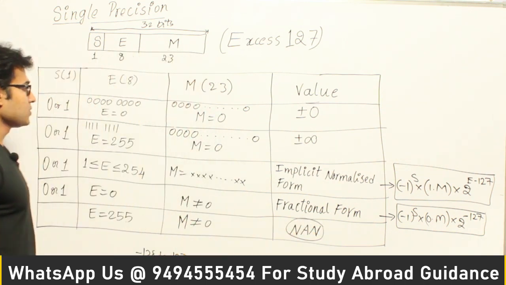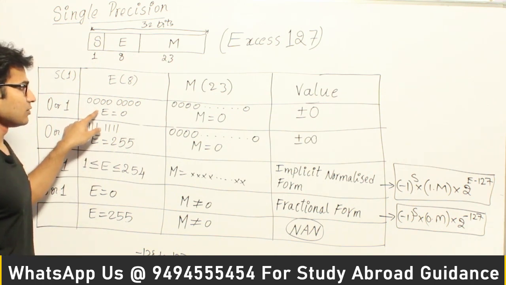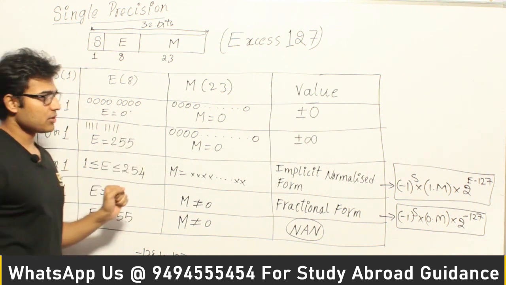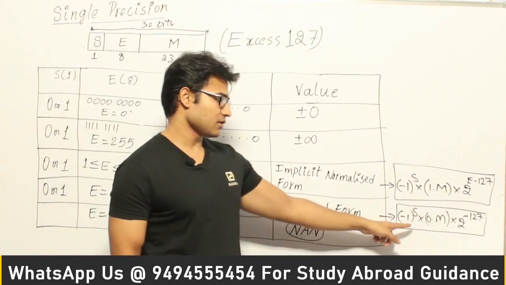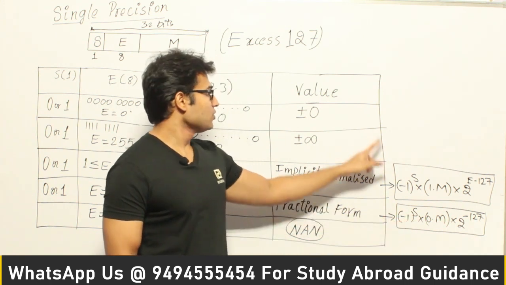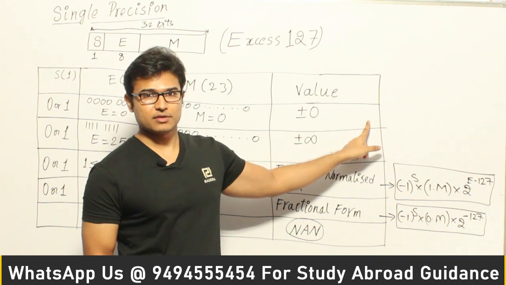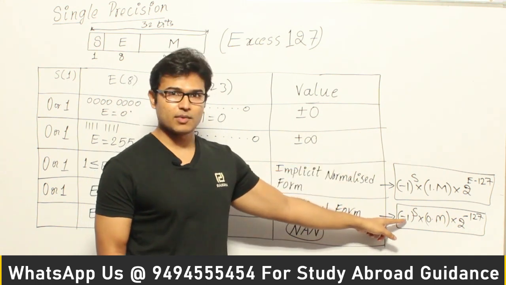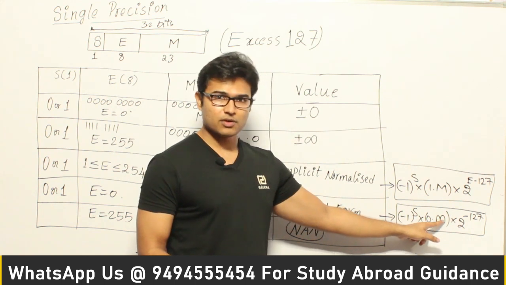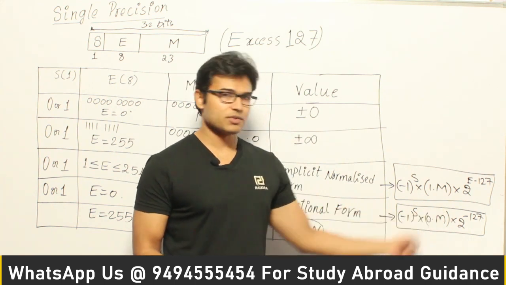Okay. So how to remember this one is whenever E is 0, it is either going to represent your fractional form or 0, which means you can use the same formula for this case as well. Whenever E is 0, you can use the same formula. What happens is when M is also 0, you are going to get 0 and the total number is going to be 0, isn't it?